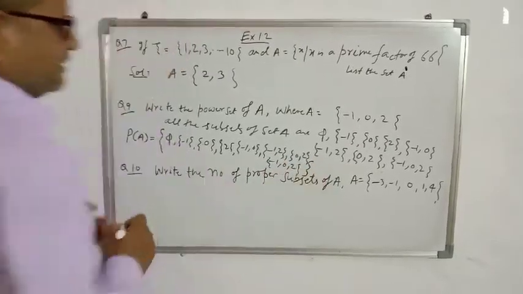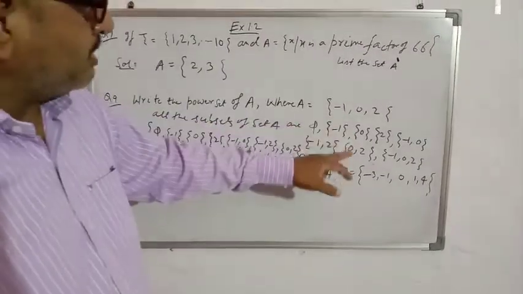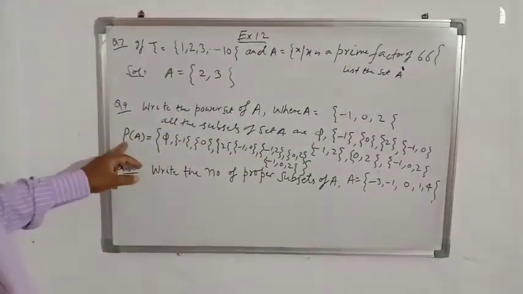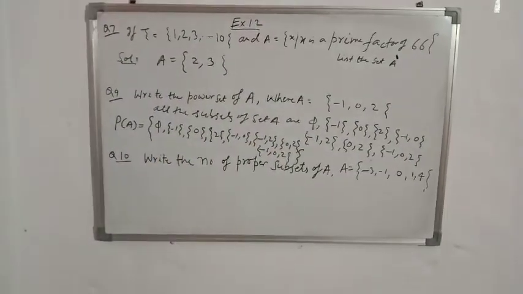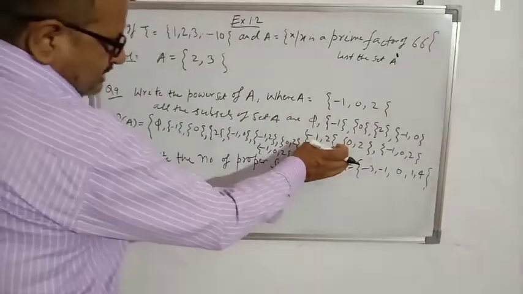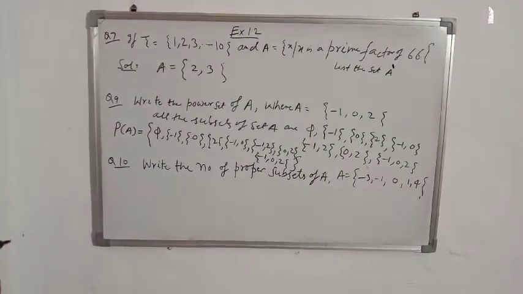Close the curly bracket. So firstly we have to write all the subsets of this set, and then for the power set we write these subsets in the curly bracket separated by commas. So the collection of all the subsets of a given set is called the power set of that set.